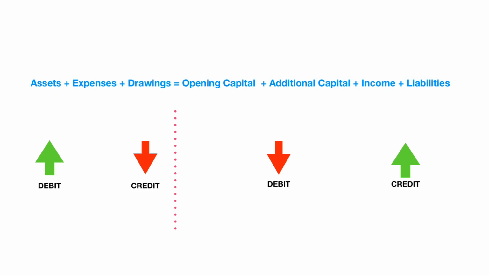On the other side of the equation, you have your opening capital, additional capital, income and liabilities, right? If any of these elements are increasing, you should record it on the credit side of your account. If any of these elements are decreasing, you need to record it on the debit side of your account. Okay, so these are the basic double entry principles.